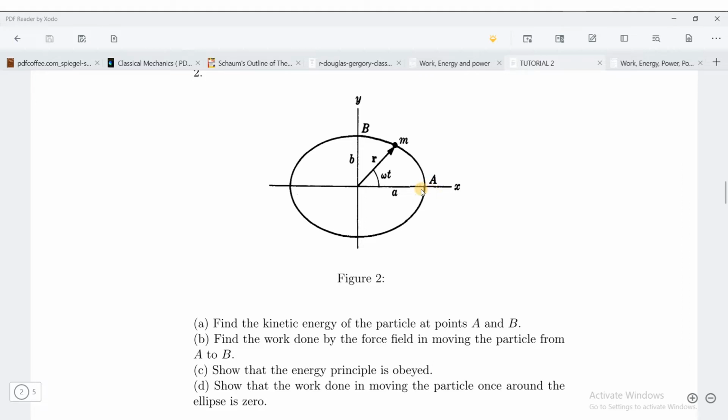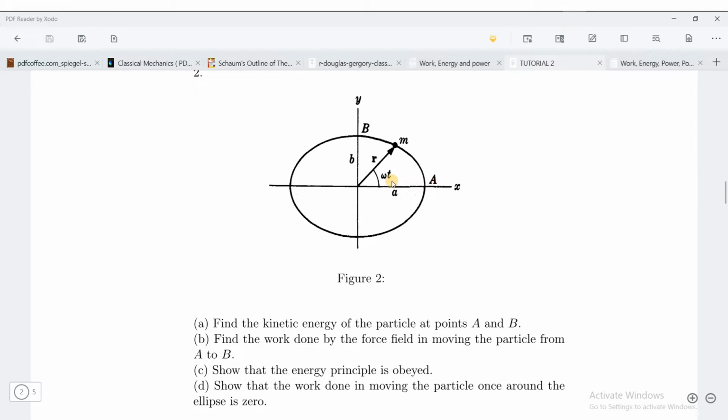What do you think the angle is? What angle would the position of the particle, which has mass m, make with this axis here if it was at point A?